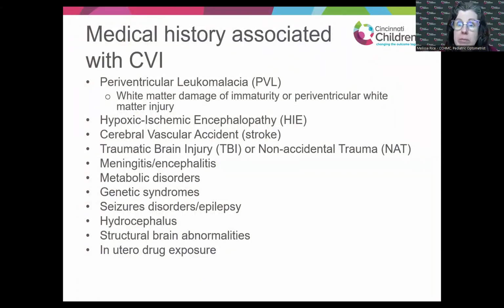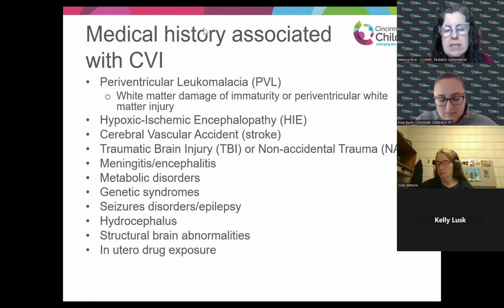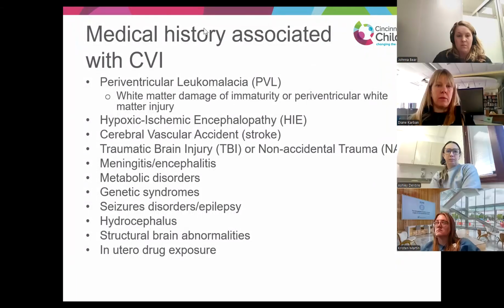It can be called white matter damage of immaturity or periventricular white matter injury. This occurs in preterm babies less than 37 weeks. An interesting note too: if there's PVL, you will likely see a lower visual field defect, or trouble with motion in the lower field.